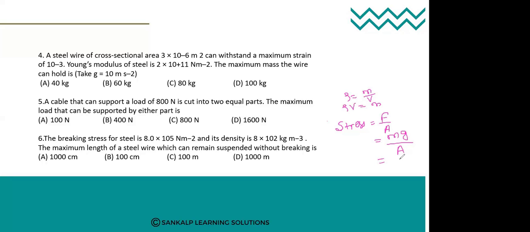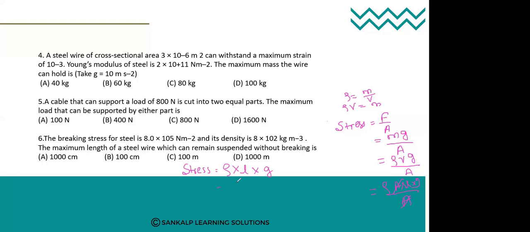So therefore, density into volume into g upon area. Volume can be written as area into length into g upon A. So area will get cancelled. Therefore, stress is equal to density into length into acceleration due to gravity.